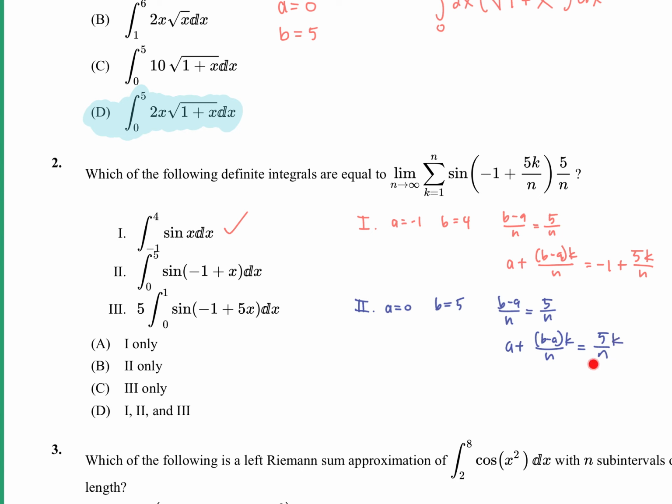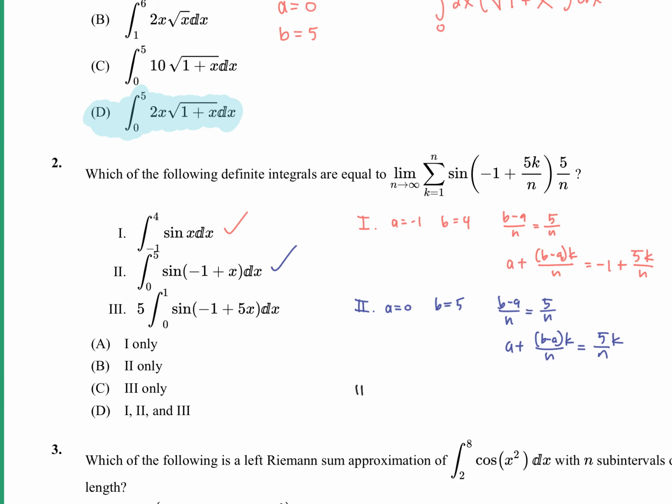This is what we're going to be plugging in for every x value. So if you take 5k over n and plug it in for this x, you do get negative 1 plus 5k over n, like up here. And then the outside should just be 5 over n, which is b minus a over n. So that one checks out also.